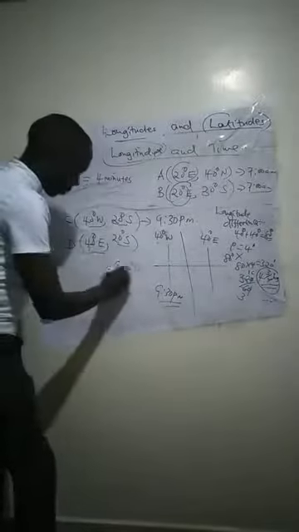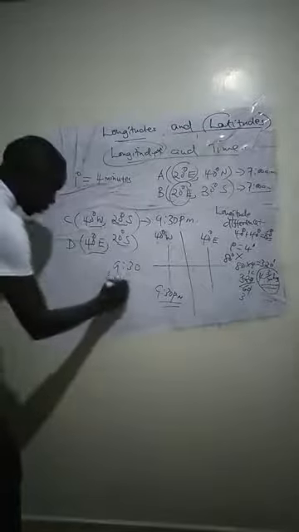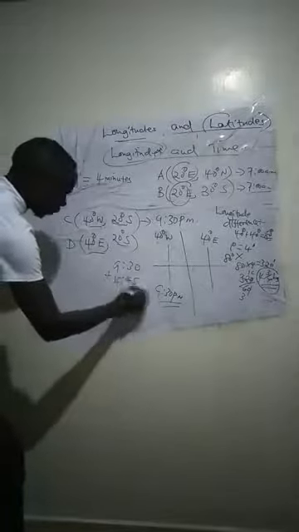So the local time for town B will be 9:30 plus 4 and 3 over 4. 3 over 4 is the same as 45 minutes. So 4 hours 45 minutes. 30 plus 45 is 75, that will be 15 with 1 hour carried. So 14:15 hours.